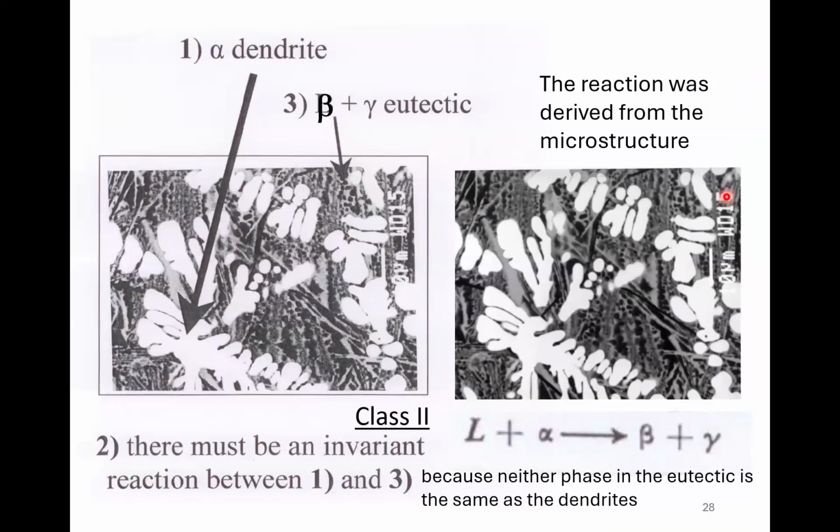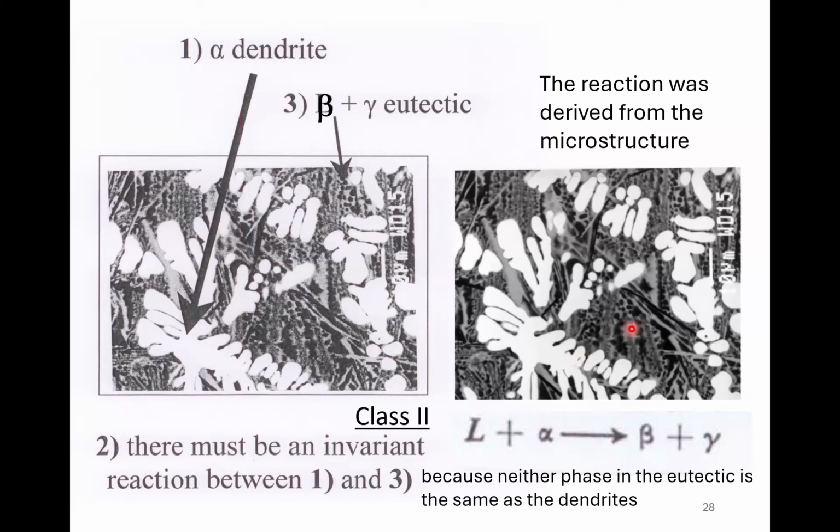ternary eutectic. Here's a class 2, and it's a weak ternary peritectic. This is the primary phase, and there's something weird going on in there from what you know already, because where we looked at things in the binaries, you don't have the same phase as this very light phase in there.